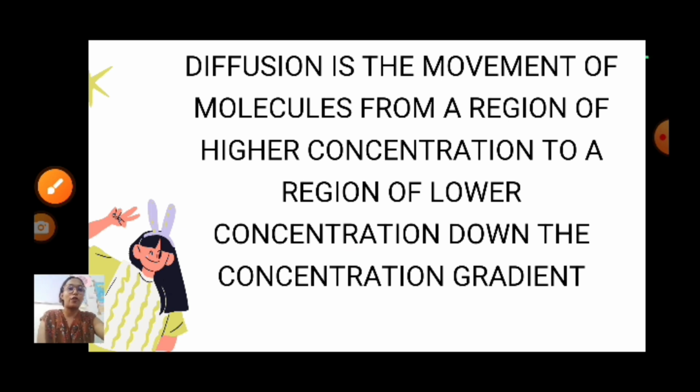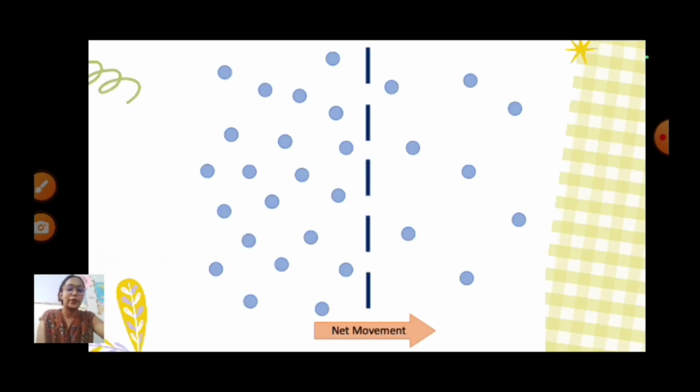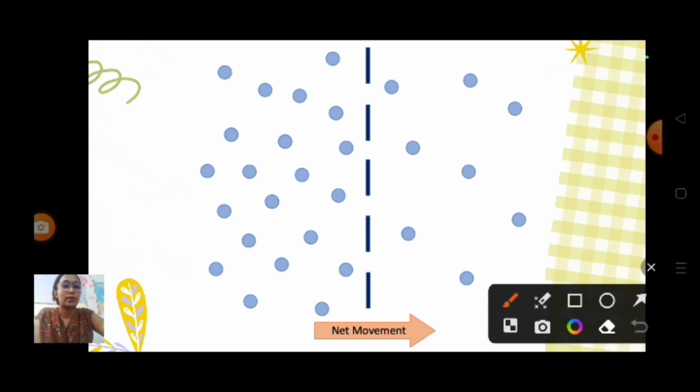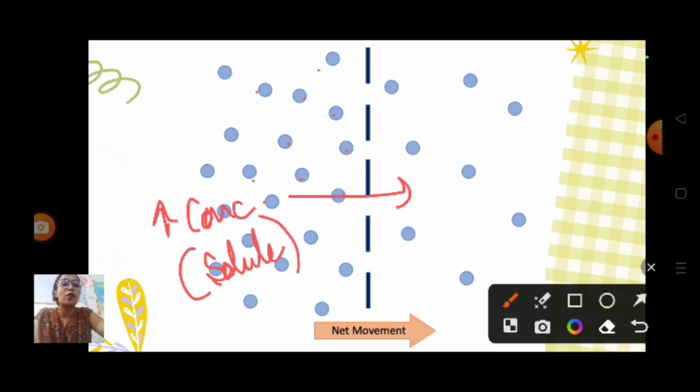Okay, so move on to the next slide. This is an example of diffusion where you can see high concentration. Suppose this is solute, you can give example of the solute, high concentration of solute moving to the low concentration of solute.